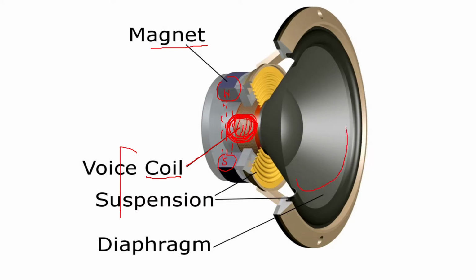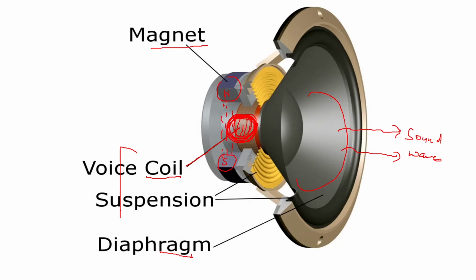This is a diaphragm, and when that vibration is transferred to the diaphragm, it will vibrate. It will produce sound, and those sound waves will come as output. These are sound waves. This is what happens in a loudspeaker.